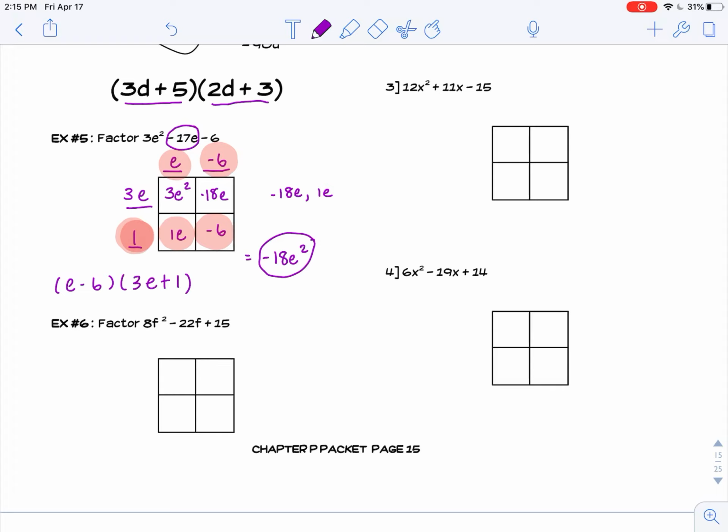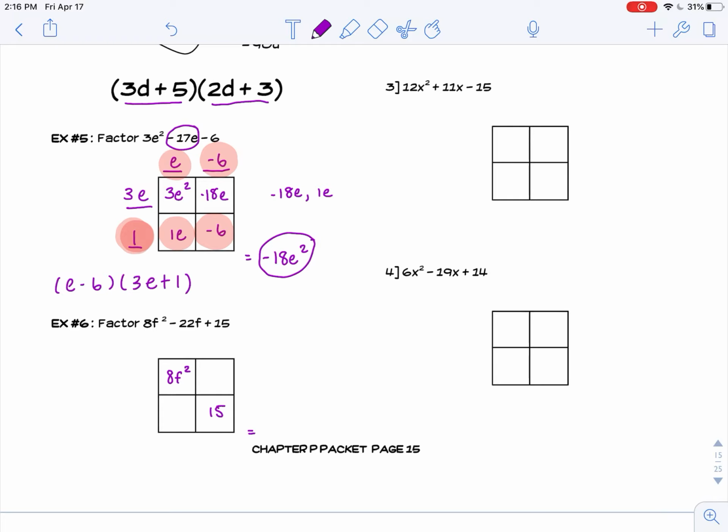Alright, go ahead and try example 6. I'll be back in 10 seconds. Okay, so first thing, 8f squared goes in the upper left, 15 goes on the bottom right.